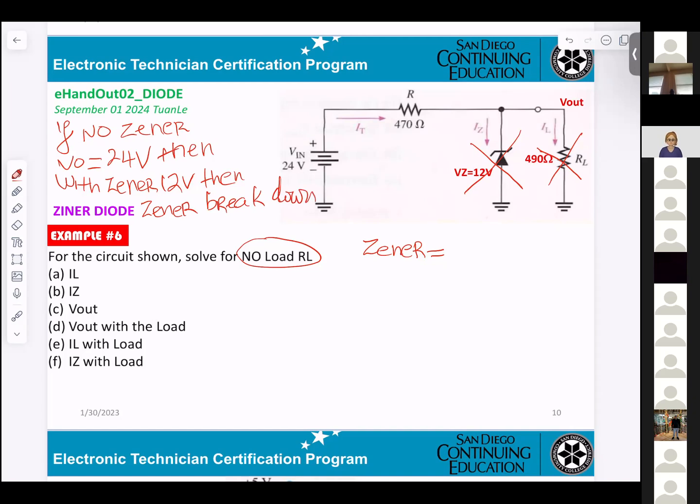So that's why V Zener equal 12 volts. That means V out, and the current IZ here is the same thing as the current I total.